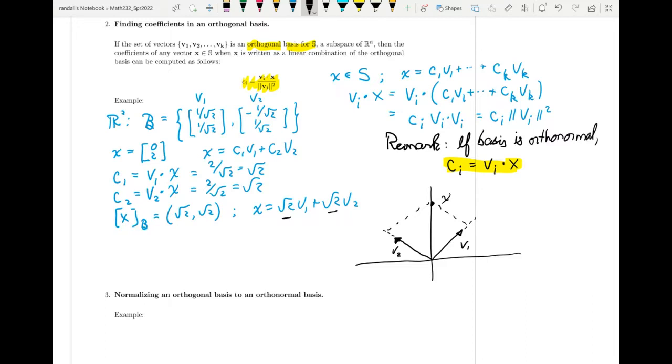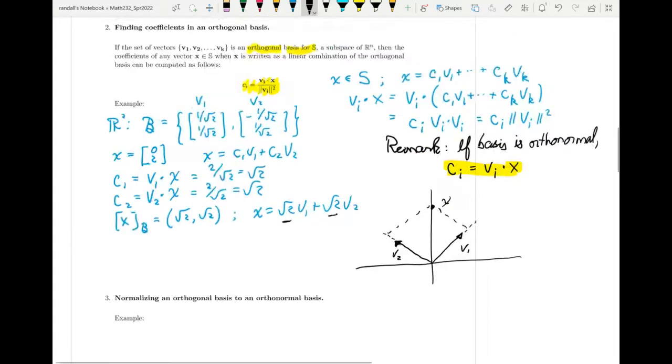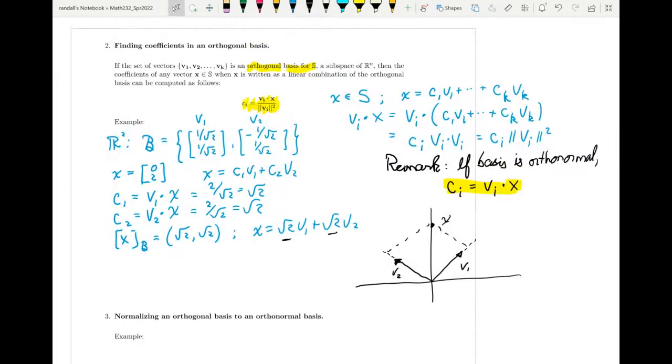Now, here's one example of why it's slightly more convenient to have an orthonormal basis over an orthogonal basis. So orthogonality, to begin with, was very useful here because it gave us simple ways to find coefficients of vectors in the span of the set of orthogonal vectors just by taking dot products. But orthonormal bases simplify things a little bit because the norms of the vectors will be 1, so many formulas that we will see will be slightly easier.